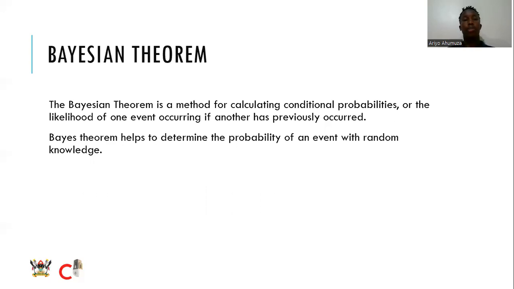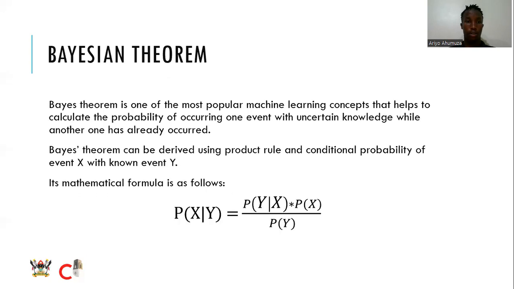Bayesian theorem. This is a method for calculating conditional probabilities. We learned it originally in math, and we're going to be applying it in machine learning. It helps to determine the probability of an event using uncertain knowledge. It's one of the most popular machine learning concepts, and it helps to calculate the probability of one event occurring with uncertain knowledge while another one has occurred.